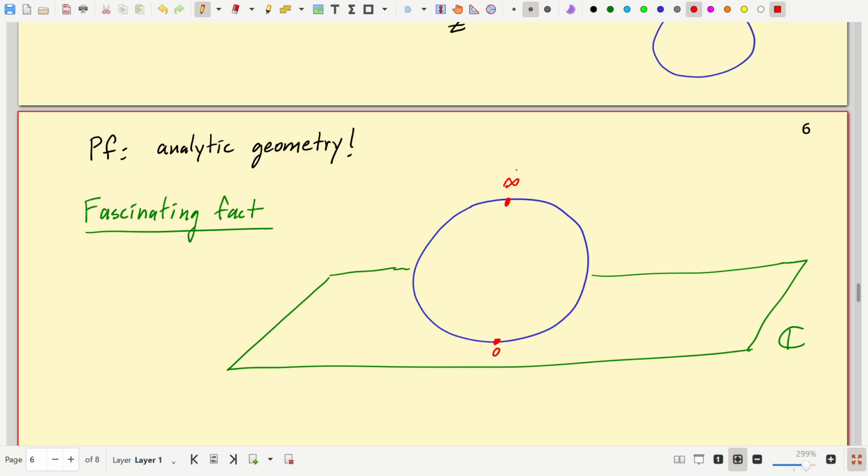A line, if I draw a line in the complex plane, it corresponds, if you think about stereographic projection, to a slice. You'd slice the sphere there. And so this is a line. This is a slice.